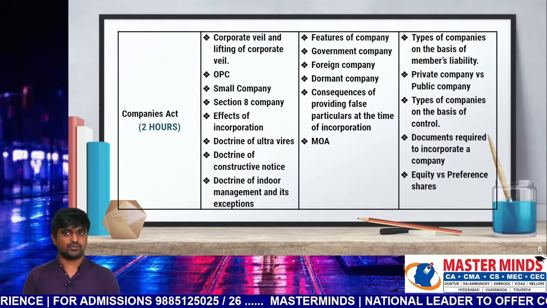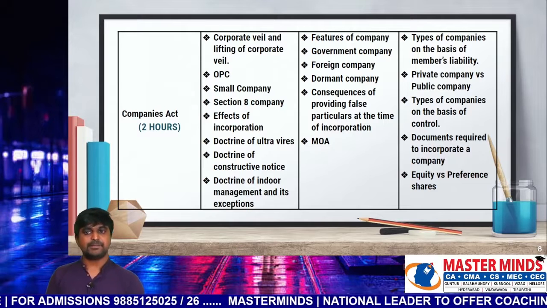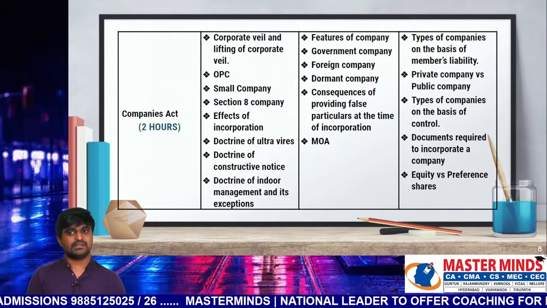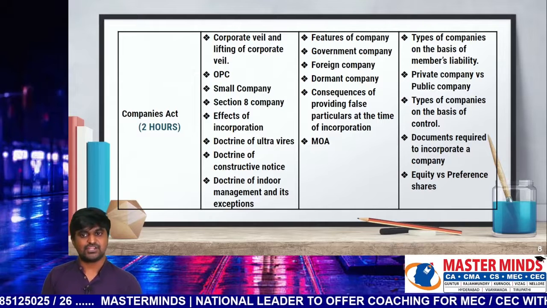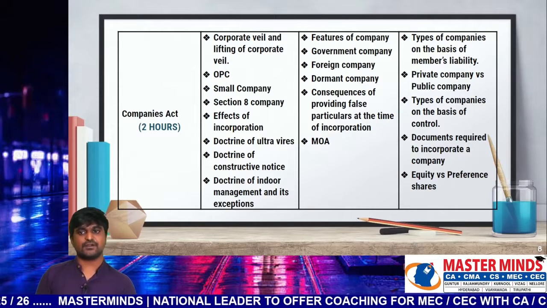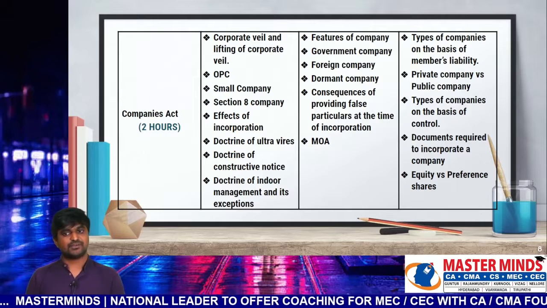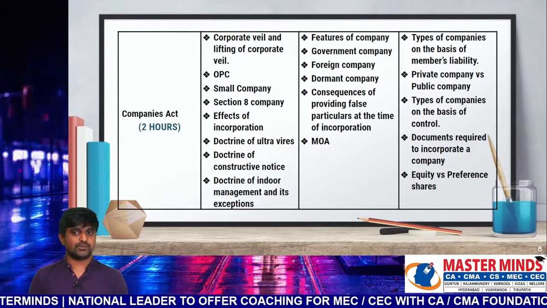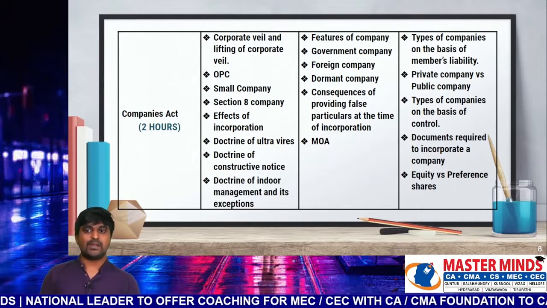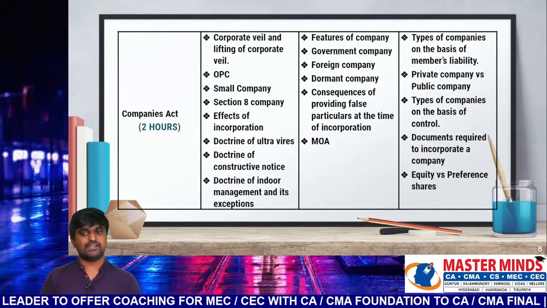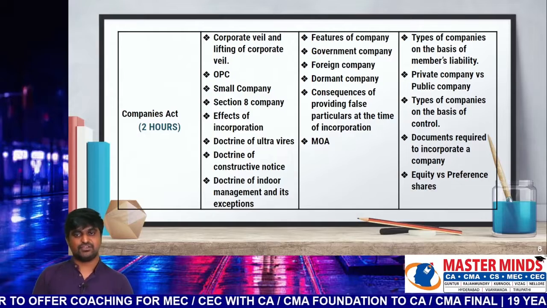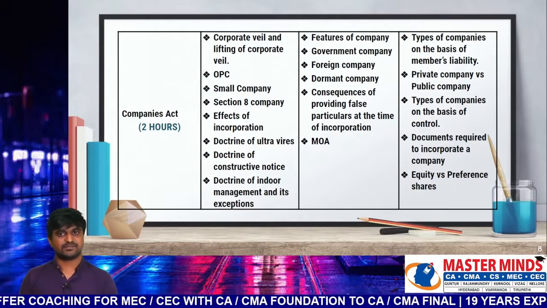We need to discuss about those concepts. And private company versus public company, nothing but differences in between private company and public company. And next one, types of companies on the basis of control, nothing but holding, subsidiary, associate company. We need to write about those points. Documents required to incorporate a company. And last one, difference in between equity shares and preference shares. So these are the third priority concepts.